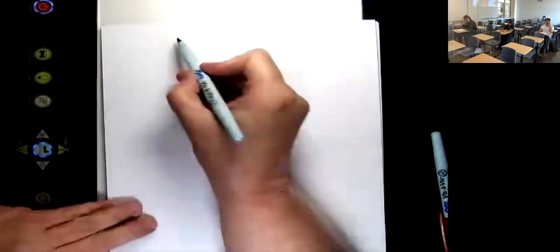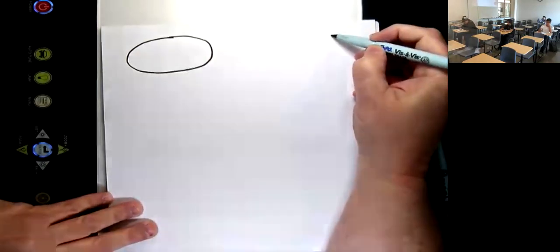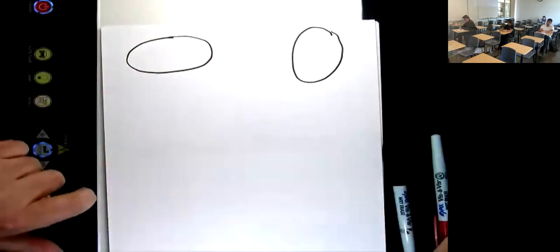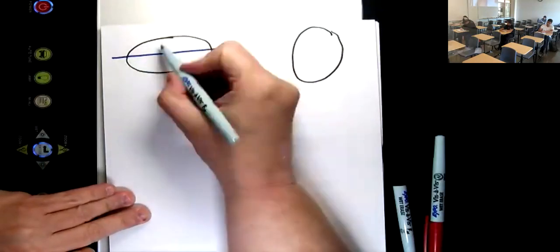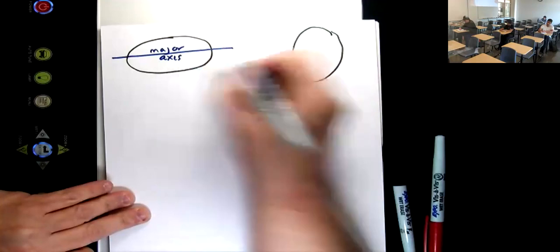So if we have the ellipse going like this or like this, the major axis goes through the long one. It goes through the longest route.